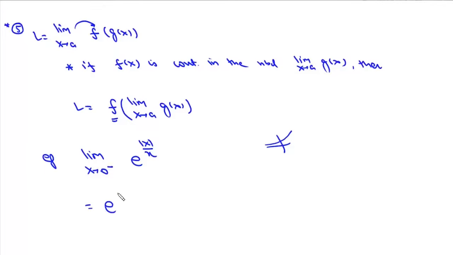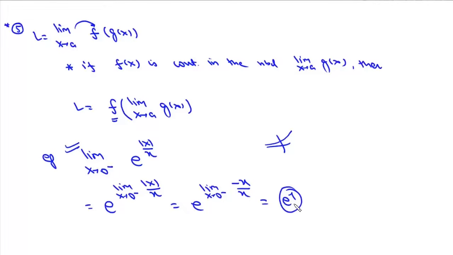So we can write this as e to the power this limit x tends to 0 negative mod x upon x. And when x approaches 0 from the left, that means x is a negative number. And if x is a negative number, then mod x is simply minus x. So it will be e to the power limit x tends to 0 negative, and here we'll get minus x upon x, which is e to the power minus 1. So the value of this left limit at 0 will be e to the power minus 1.